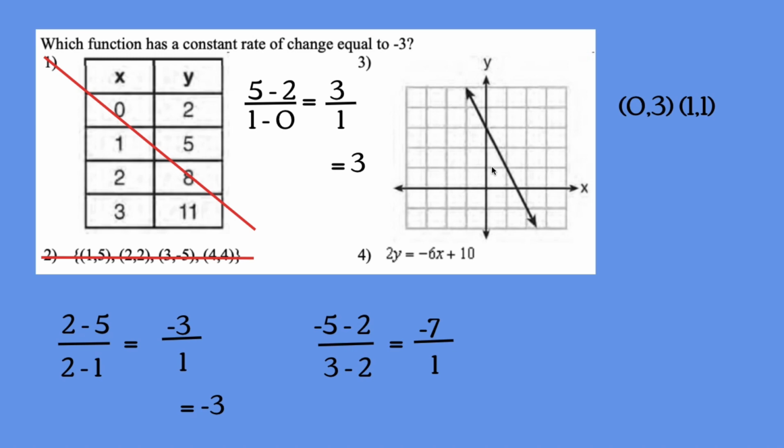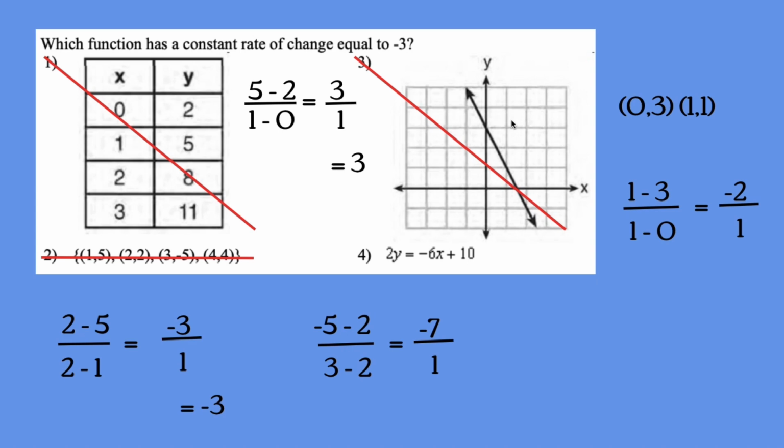We're going to plug it into our y2 minus y1 over x2 minus x1 formula. y2 is 1, y1 is 3, x2 is 1, x1 is 0. When solving, we get negative 2 over 1. We know that this is equal to negative 2, and negative 2 is not equal to negative 3. So this is not our answer.